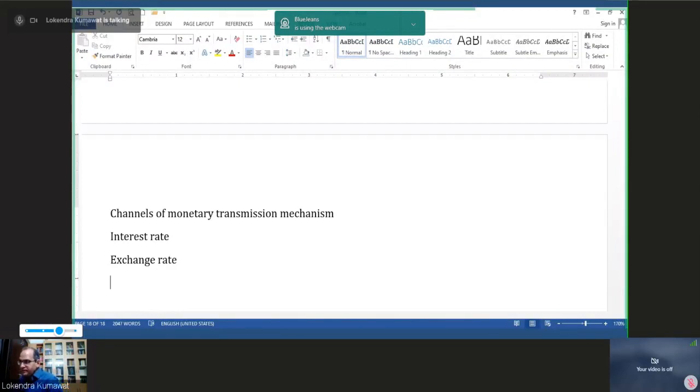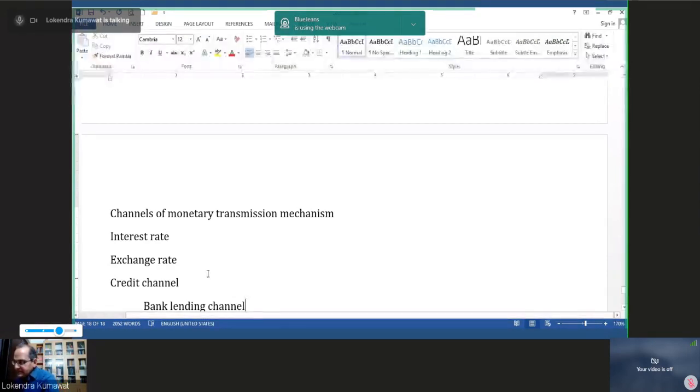Third thing. There are 2 channels which are collectively called the credit channel. One is the bank lending channel.